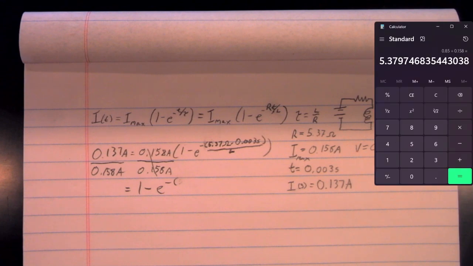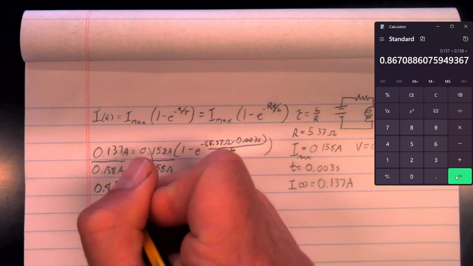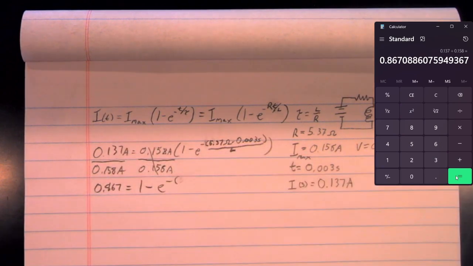So with our calculator, we've got 0.137 divided by 0.158. So we're getting about 0.867. No units on that, they canceled.